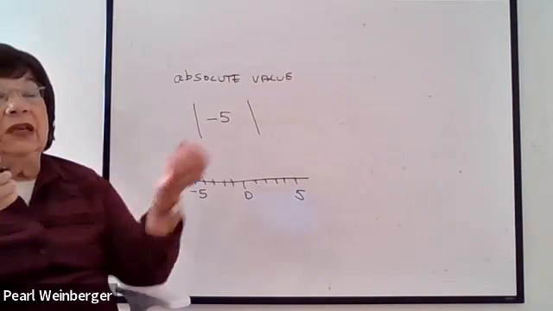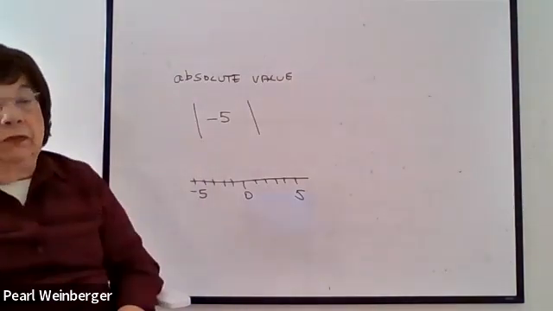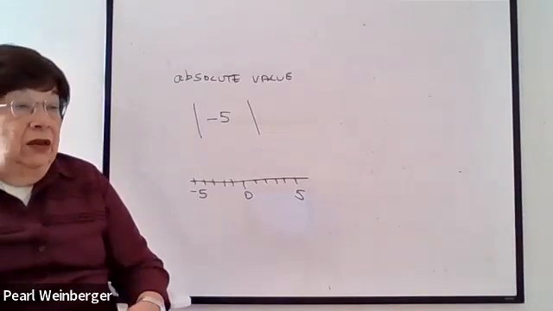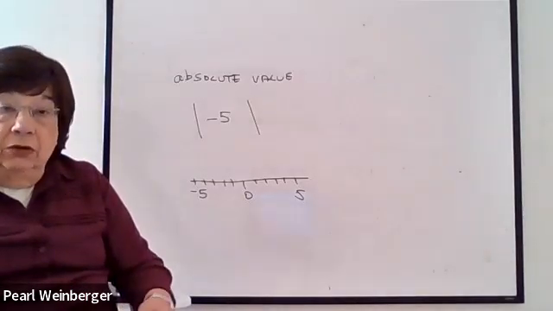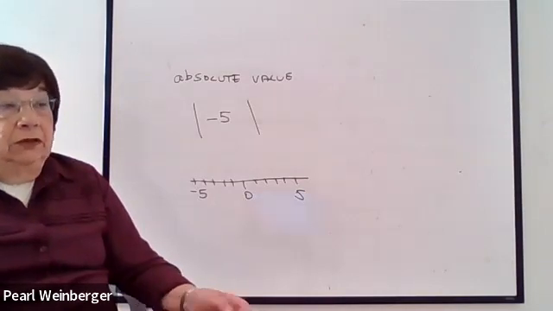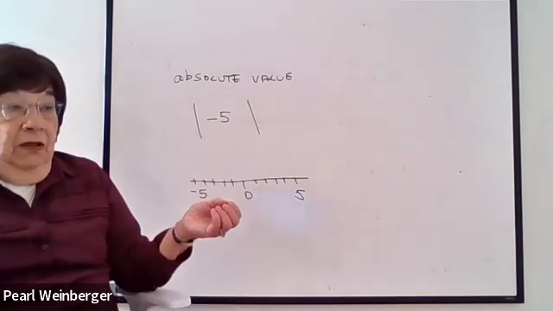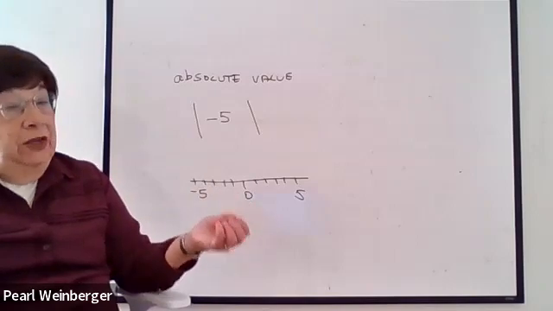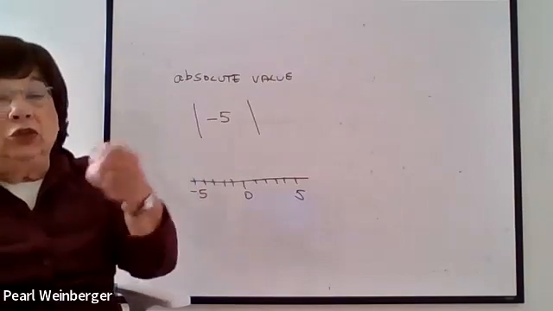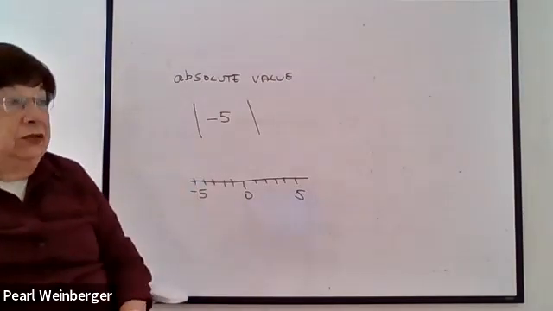The negative is saying it's below 0. Or you might have -$15 in your account, and you're not going to be very happy about that because the 15 is telling you how much, but the negative is telling you it's below 0. It means that you owe $15.